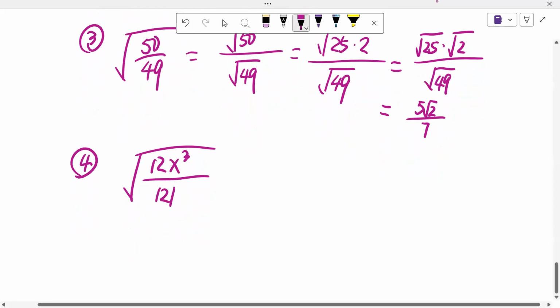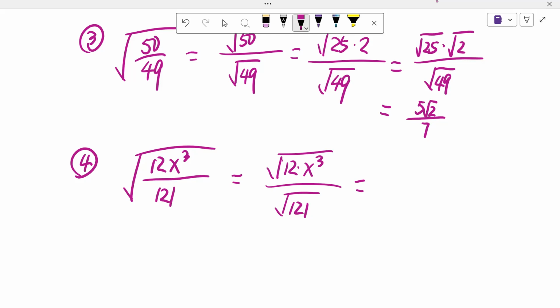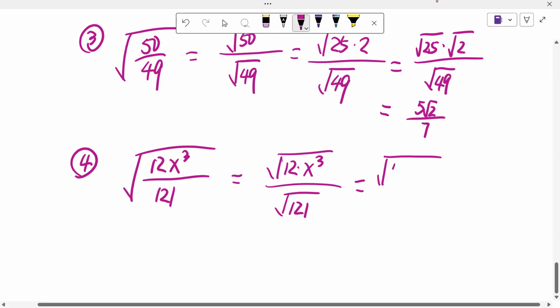Okay. Now again, we're going to split up. On the top, it becomes 12 times x cubed. On the bottom, it's 121. And 12 is not a perfect number, so we're going to split up as the maximum perfect number times another number. In this case, 4 is the maximum perfect number going into 12, so it'll be 4 times 3. For x cubed, it will be x squared times x. On the bottom, it's 11 times 11.